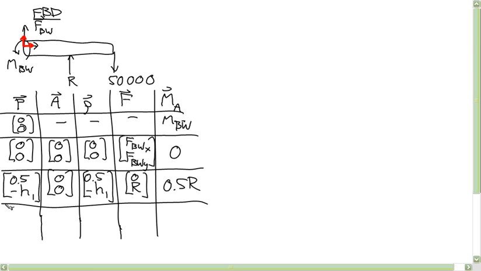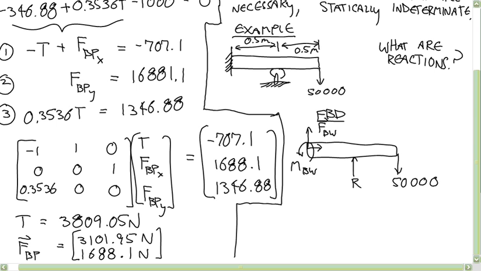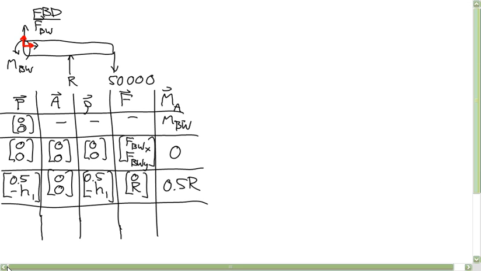And now this 50,000, okay, so let's do the same thing over here. That's acting at 1, and then I guess negative H1 again. In my example on here, actually, I applied it at the top, so it was an H2.